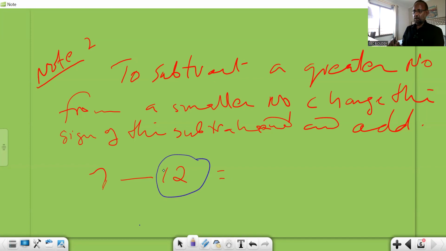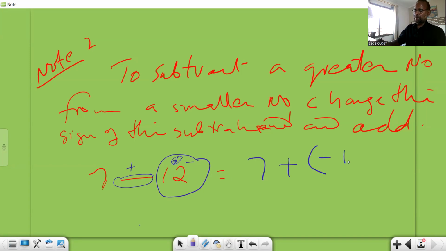What is the subtrahend? 12. Here it is plus 12. Minus is my operation. Now 7 minus: I am changing minus into plus, and this plus will be minus. You have the subtrahend. Finish.